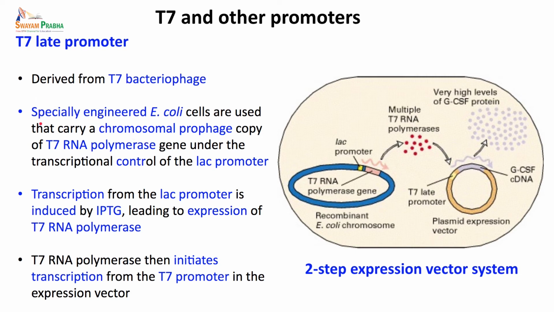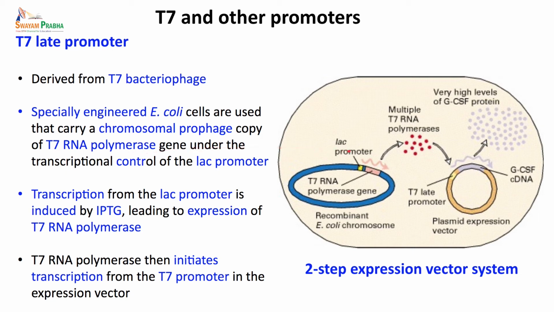So in order to do that, people have engineered special E. coli strains, and these engineered E. coli strains have an integrated copy of a prophage which has the T7 RNA polymerase.